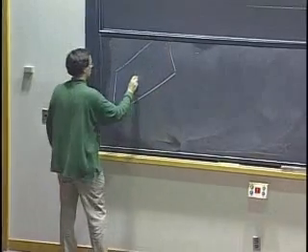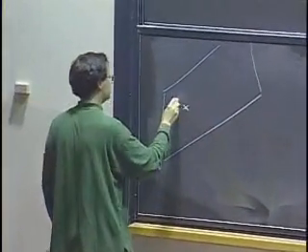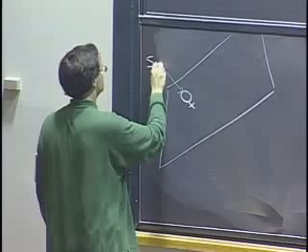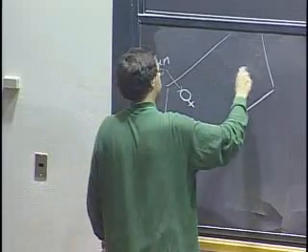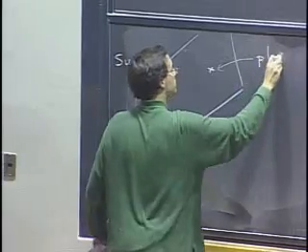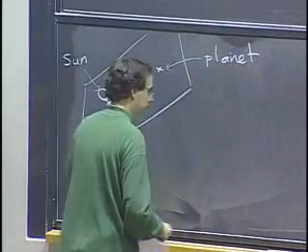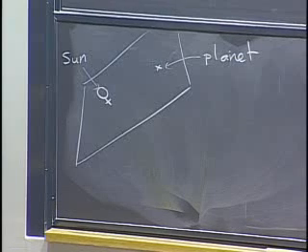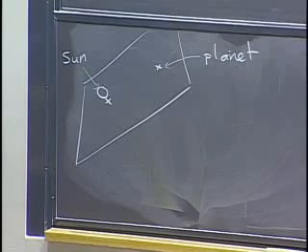So this law says, maybe the sun, let's put the sun here at the origin, and let's have a planet. Well, the planet orbits around the sun in some trajectory.